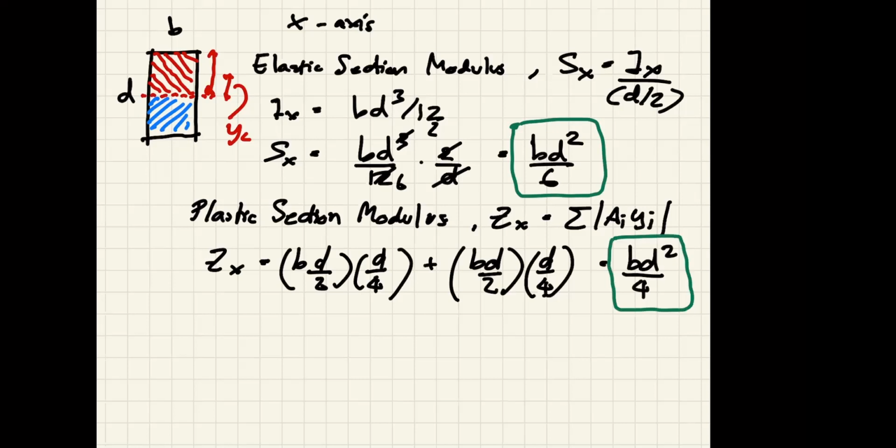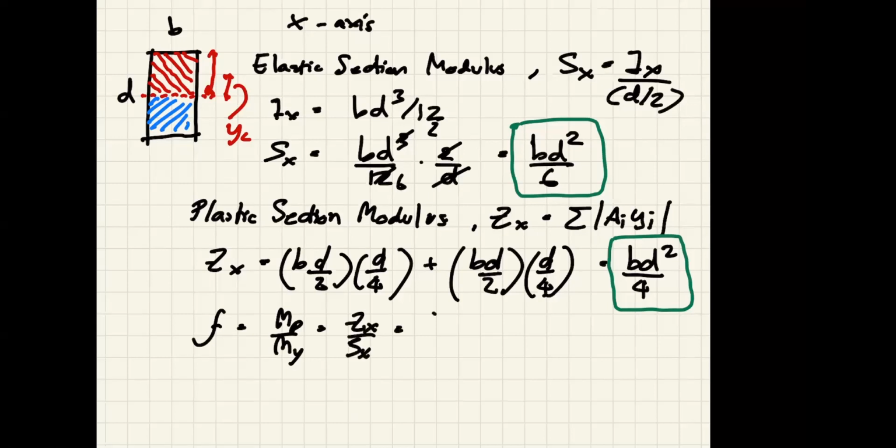Now remember these two very well because you may run into it again soon enough, and we are going to use it again in this class. That means if I calculate the shape factor of a rectangle, it is MP over My, so it is Zx over Sx.